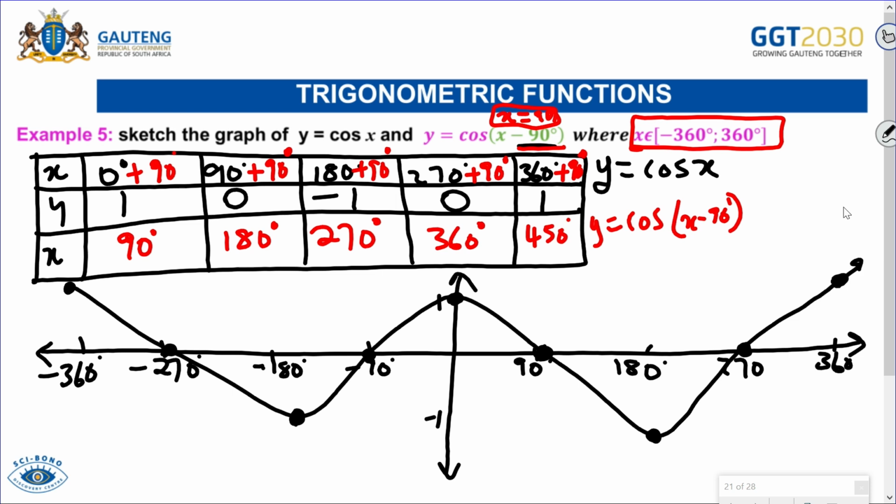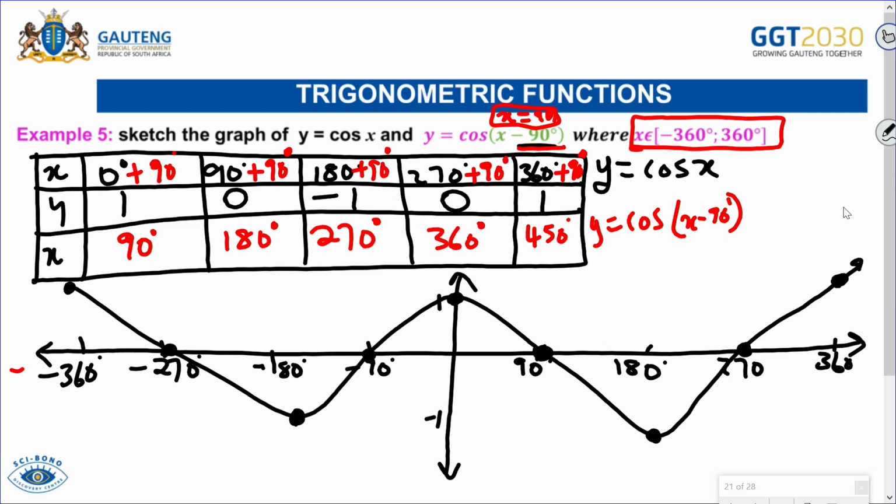Okay, so now let's sketch the one that has been shifted 90 units to the right. So the new values of x are now at negative 360. I have to add 90. I'll get negative 270. Negative 270 is going to be somewhere this side. But let me see if it's included. Yeah.